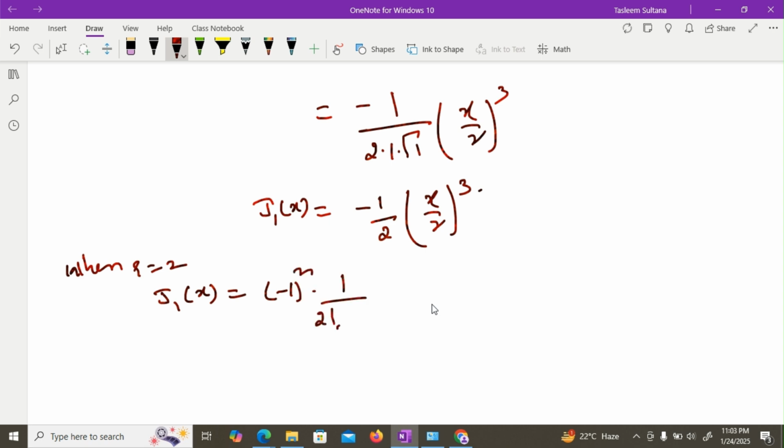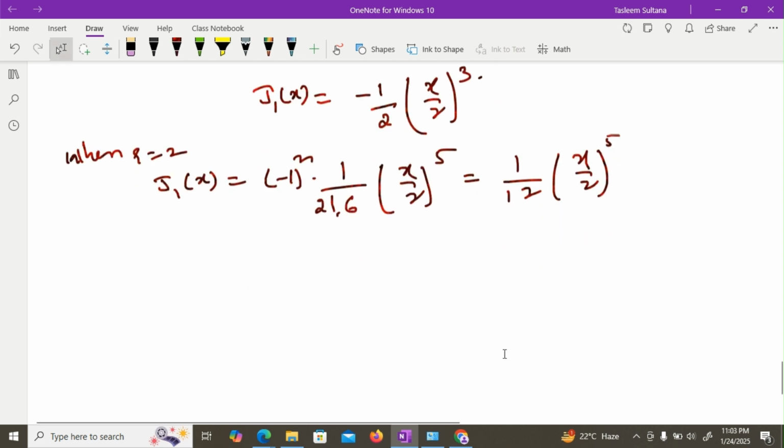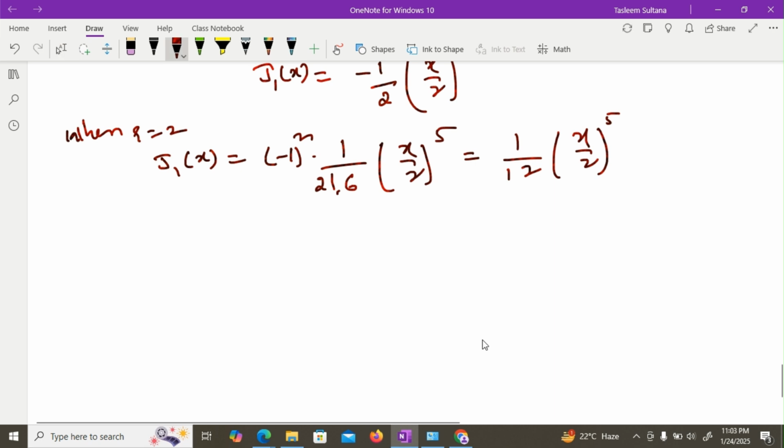When r is equal to 2, J1 of x is equal to minus 1 to the power of 2, 1 divided by 2 factorial gamma of 2 plus 2. Directly I am giving the answer. So x by 2 to the power of 5, that is equal to 1 by 12, since 2 factorial is equal to 2, 2 into 6 is equal to 12, x by 2 to the power of 5, and so on. Three values are enough.